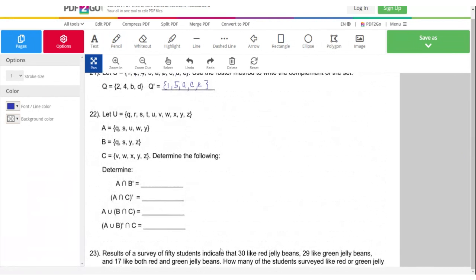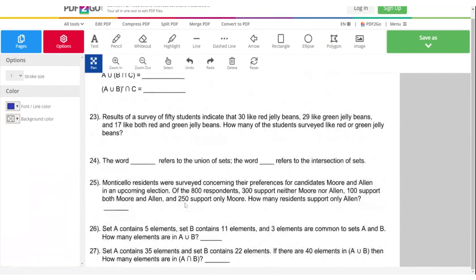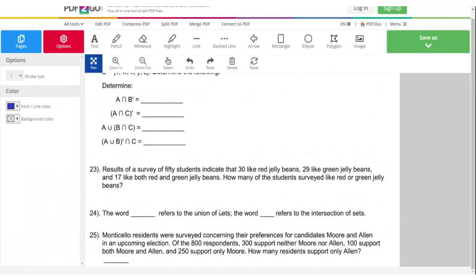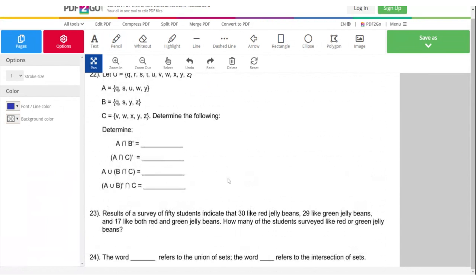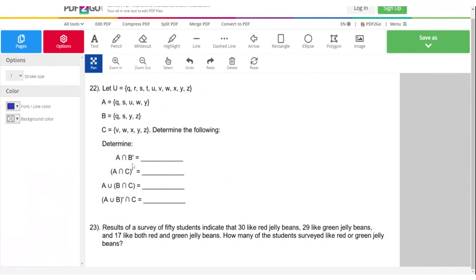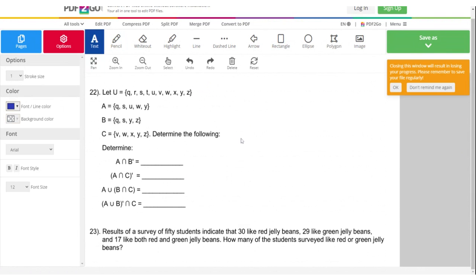Let's try this one, and then we'll try one more in here for chapter 2. All right, so in order to do this, you got to find out what B complement is. What's not in B?